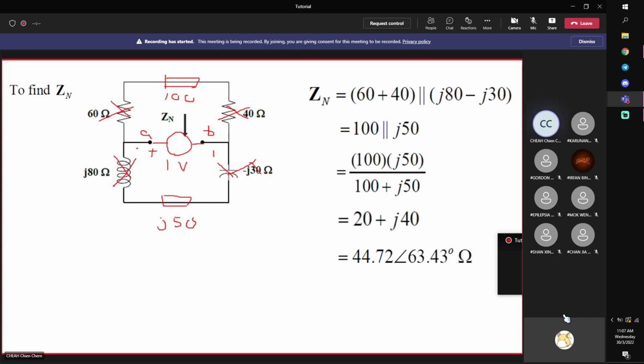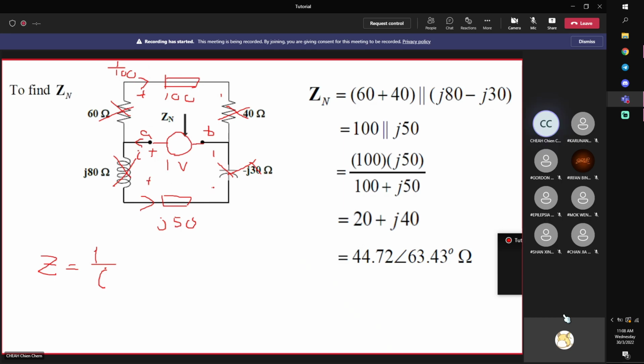Now, if you want to use the indirect method, that means find current, you need to find this current, correct? So that your Z is 1 over I. Now, what is I? I is this current plus this current. Both of them are 1 volt. So this current over here is 1 over 100, because 1 volt is applied across here, current 1 volt divided by 100.